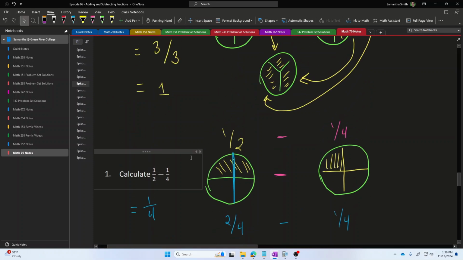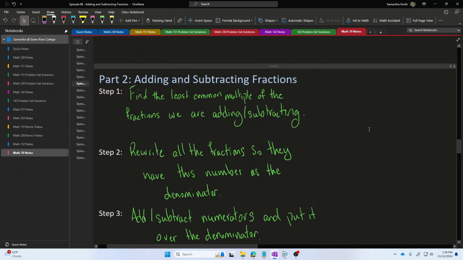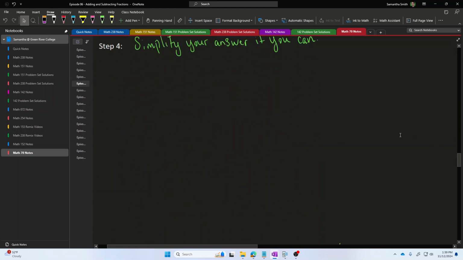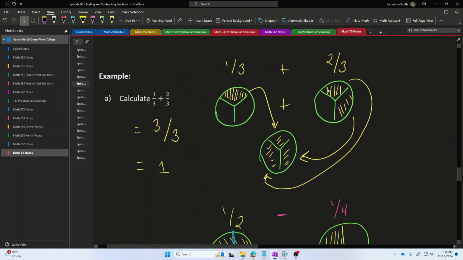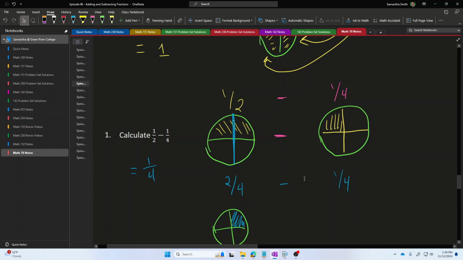So when we go through this process of adding and subtracting fractions, these first two steps that we do to make sure all the fractions have the same denominator is the step of making sure that all the pizza slices in our problem have exactly the same size.